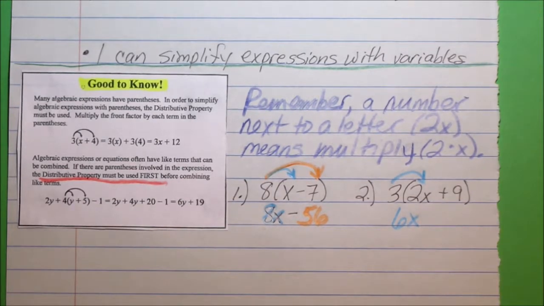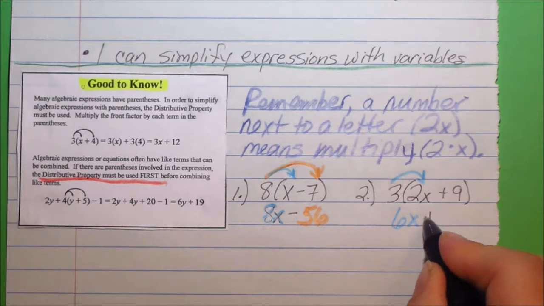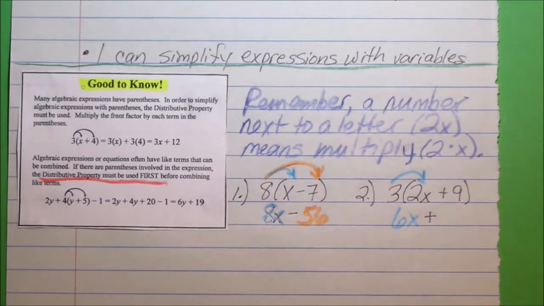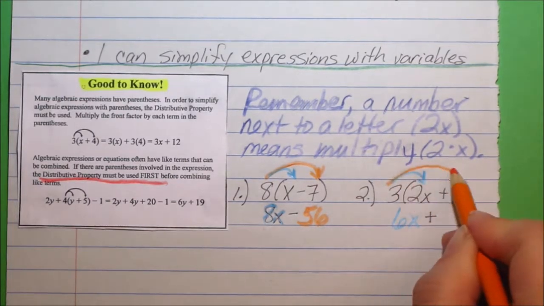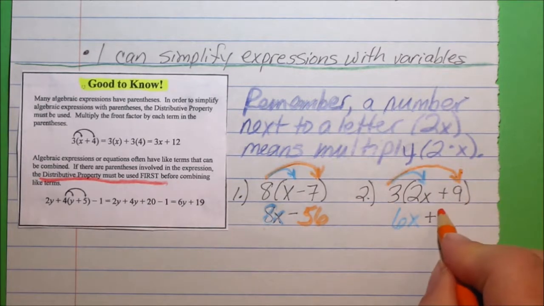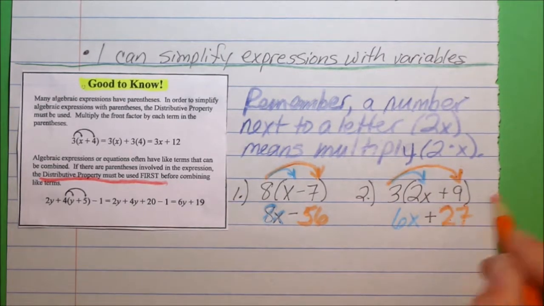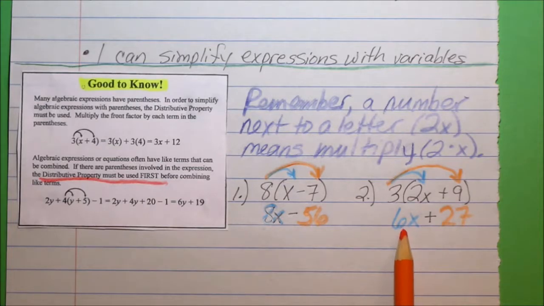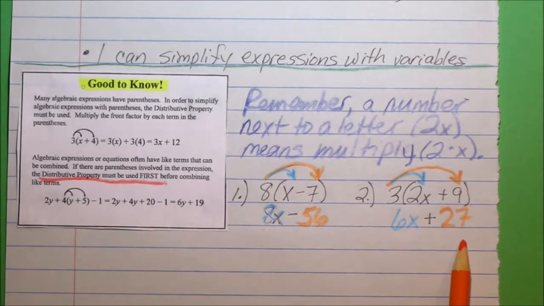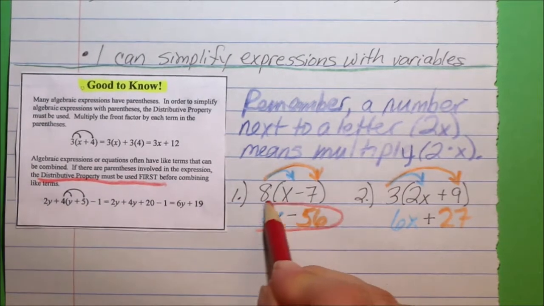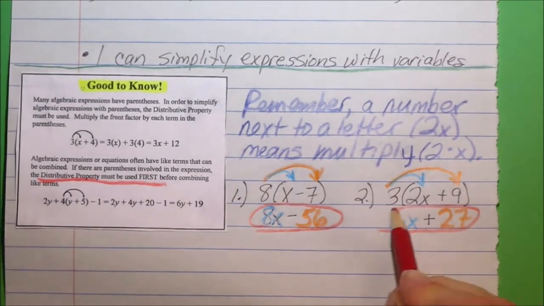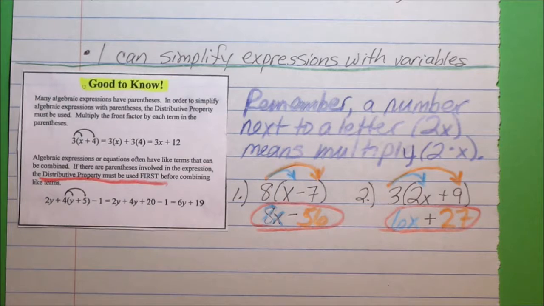All right, and then we bring down the operation. Second step is 3 times 9, which is 27. And again, 6x and 27 are not like terms. So that is as simplified as we can go. Nothing more we can do with those expressions. They do not have like terms.